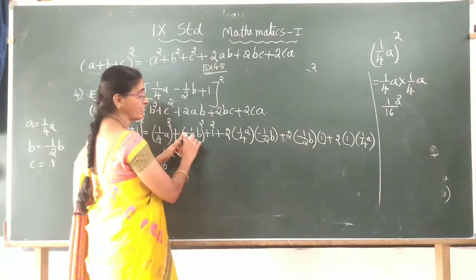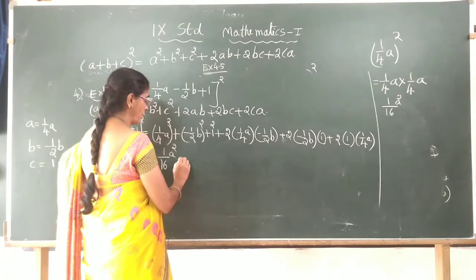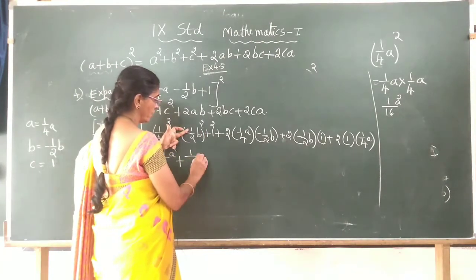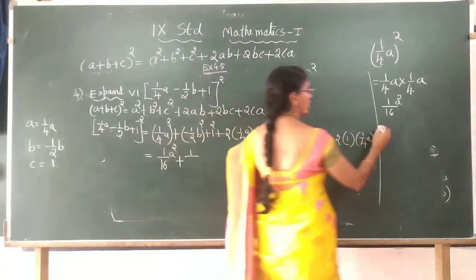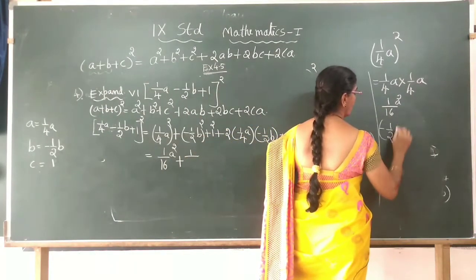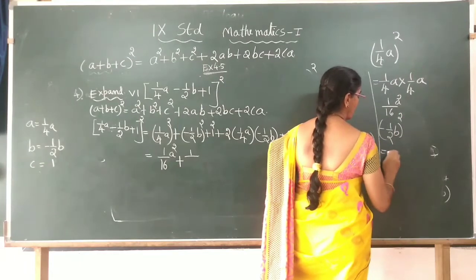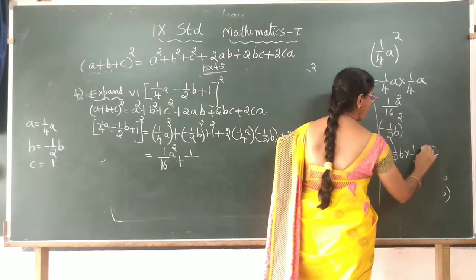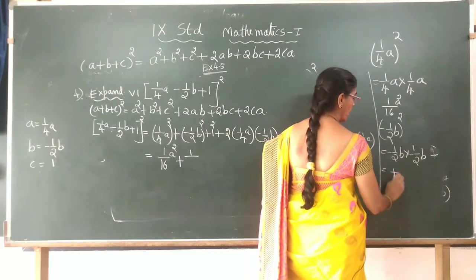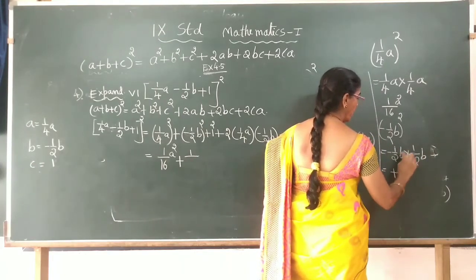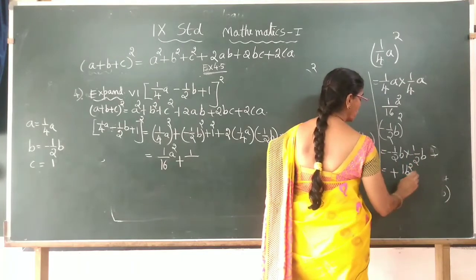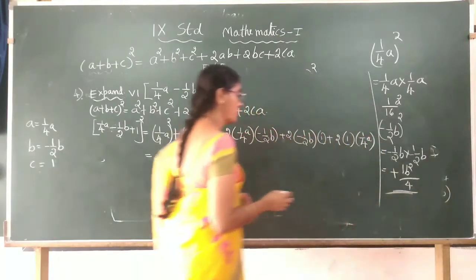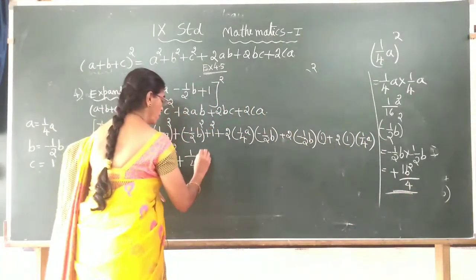Minus into minus, I said all the squares will come plus. Minus half B square is minus half B into minus half B: minus into minus is plus, 1 into 1 is 1, B into B is B square, 2 into 2 is 4. So it is 1/4 B square.